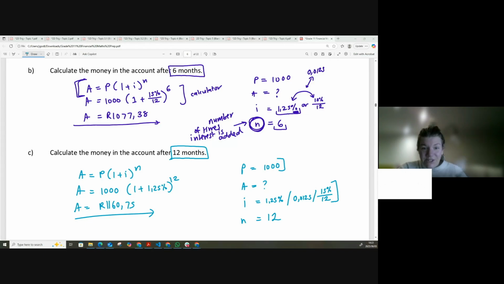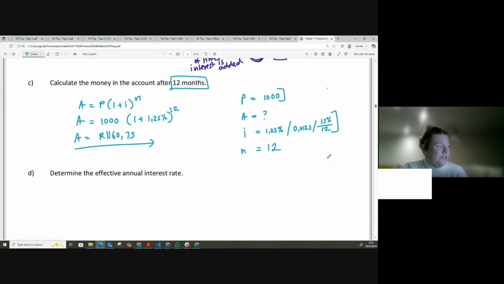Last question of this question, and then we're going to try a different one, is to determine the effective annual interest rate. So this is actually kind of similar to what you were asking, Abu.